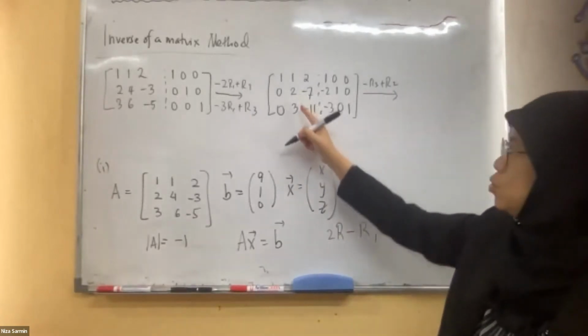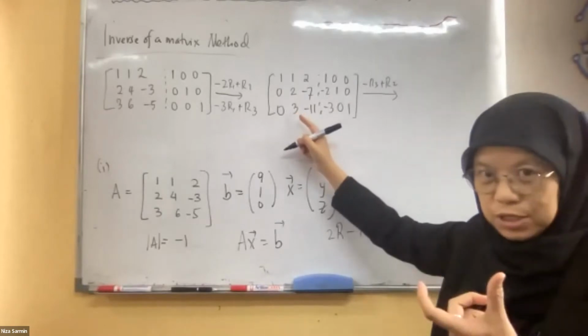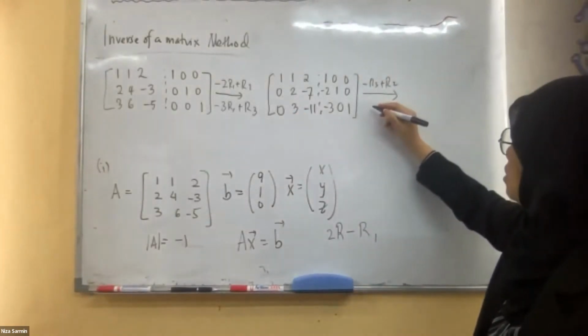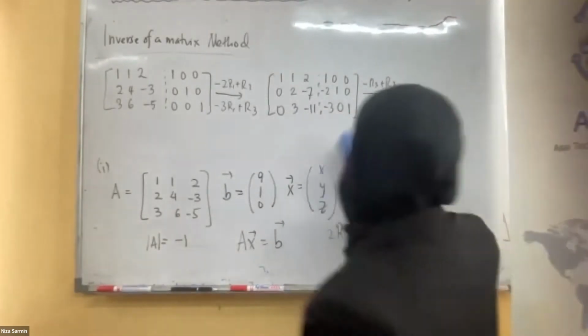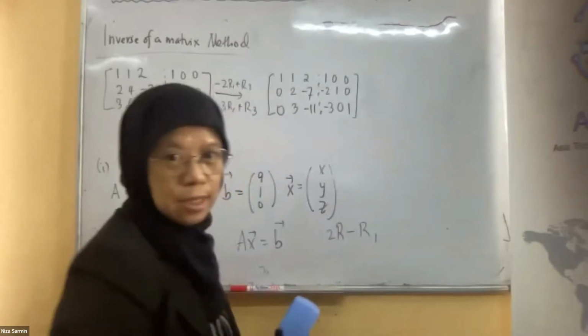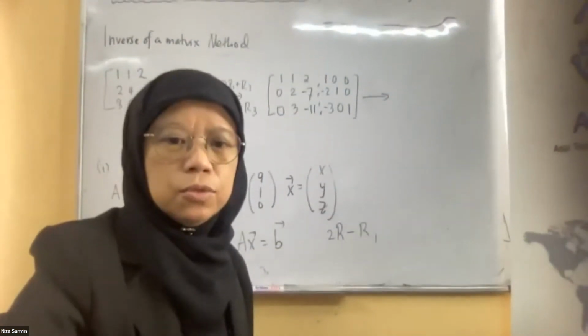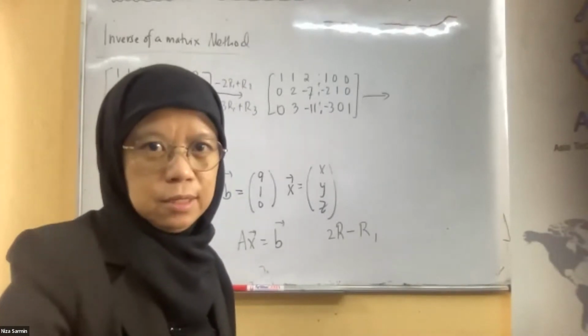Either one is okay. Then you will get this one, then you switch. Okay, let's try what Suziana said: negative row 2 plus row 3.